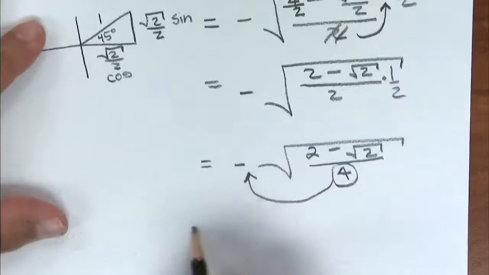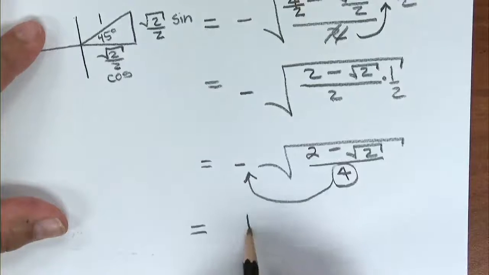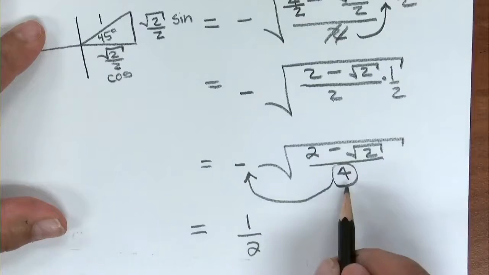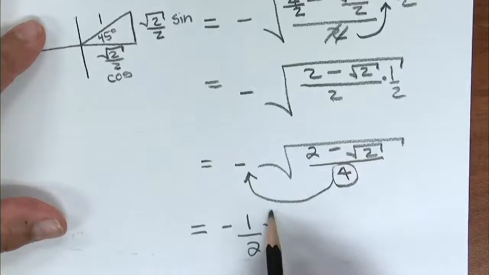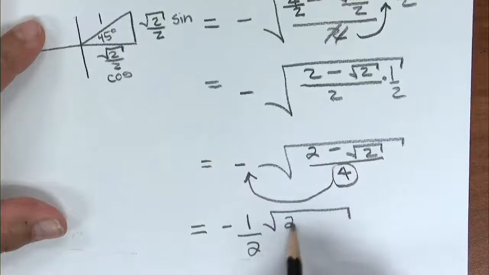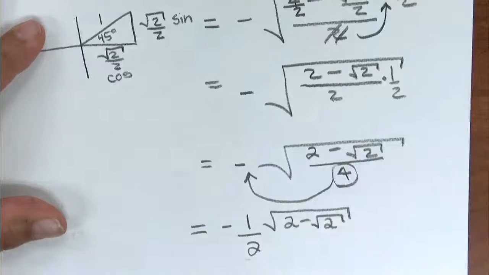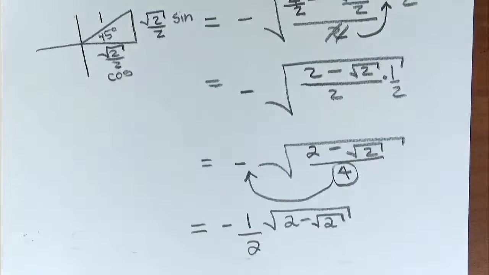So what you're going to take out is 1 over 2. That square root is 2. It belongs in the denominator. Don't forget the negative. Let this trail to the side. Okay, so that's number 5.